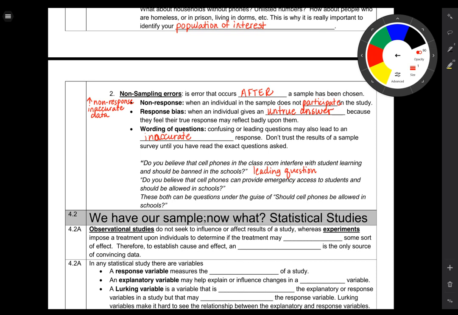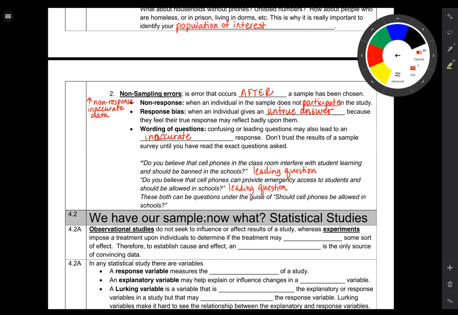The second one: do you believe that cell phones can provide emergency access to students and should be allowed in schools? This is also a leading question, because it's basically insinuating, what if there's an active shooter and I need to call my parents, or there's a natural disaster and I need to get a hold of family to make sure everyone's all right and who's going to pick me up.